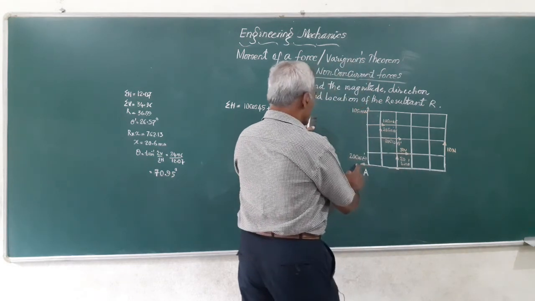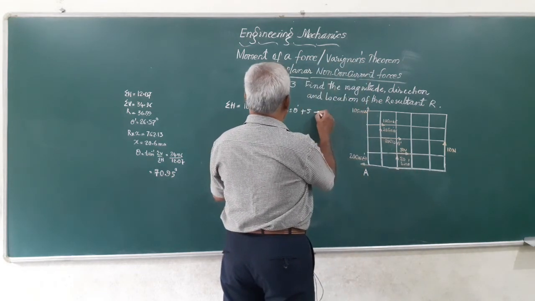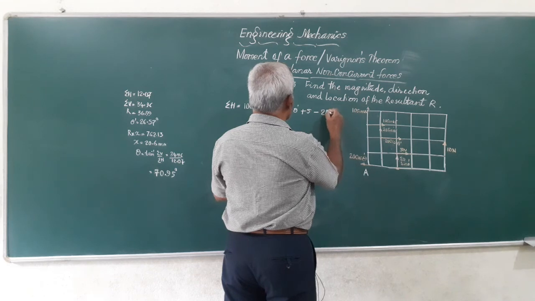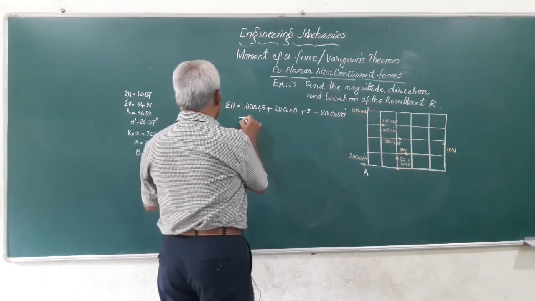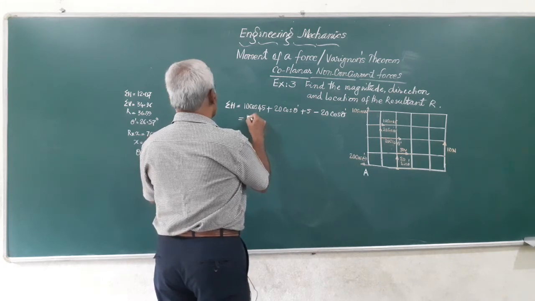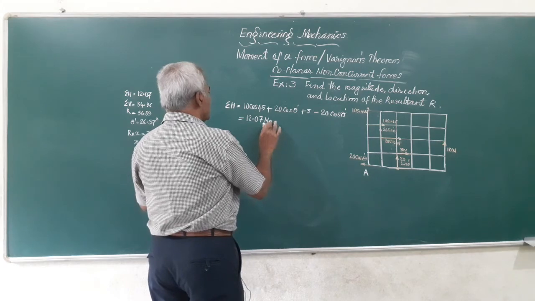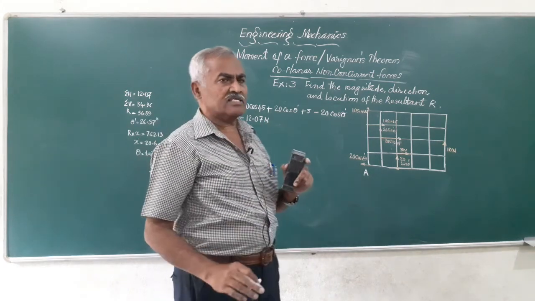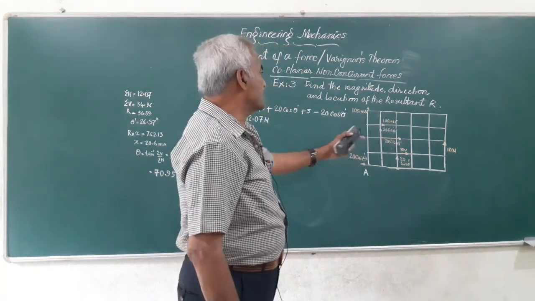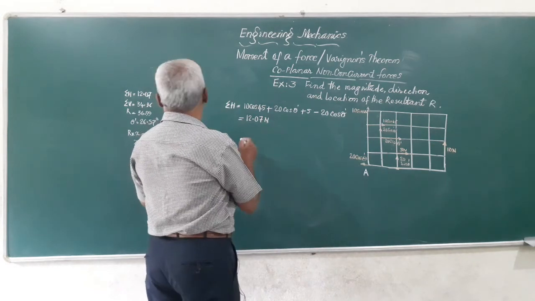And this force 20 cos theta dash is acting to the left, so I will take it as negative 20 cos theta dash. Friends, if we simplify this, it works out to 12.07 Newton. That is the algebraic sum of all the horizontal forces on this grid or the plate is 12.07.